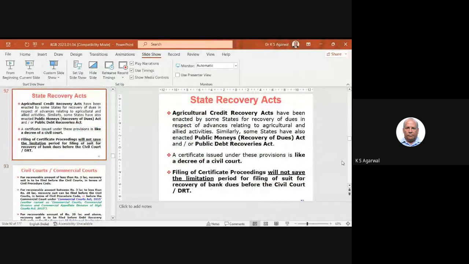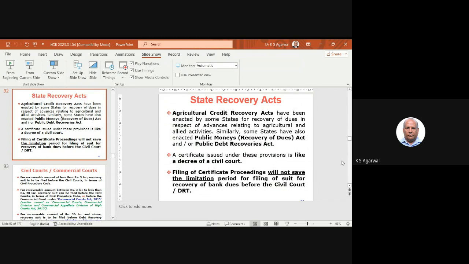Coming to State Recovery Acts. This is important. Many states have enacted such laws. Recovery of dues in respect of advances relating to agricultural and allied activities. Similarly, some states have also enacted Public Monies Recovery of Dues Act or Public Debt Recoveries Act. Here, a certificate issued under these provisions is like a decree of a civil court.